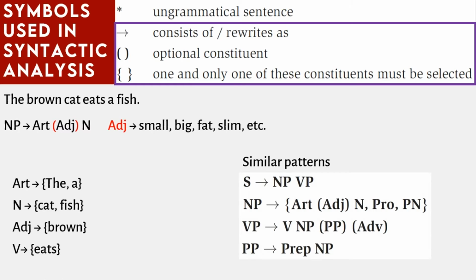And the noun phrases are composed of articles, adjectives, nouns, pronouns, and proper nouns, something like that. Verb phrases are always composed of a verb, obviously, and noun phrases and prepositional phrases, because these are optional. The meaning of the sentence doesn't change. Okay? And the prepositional phrases are composed of a preposition and a phrase.